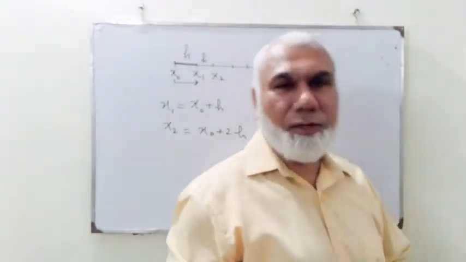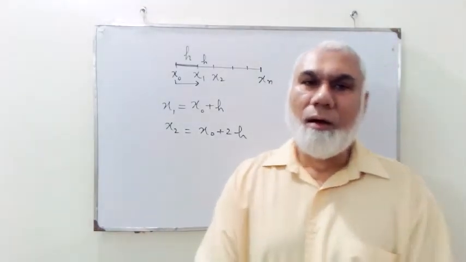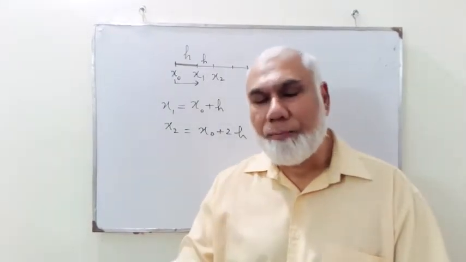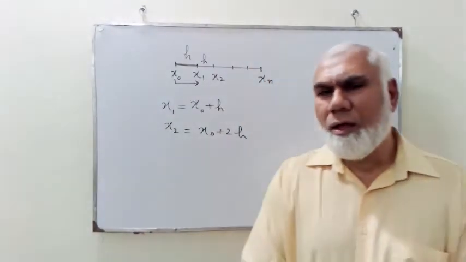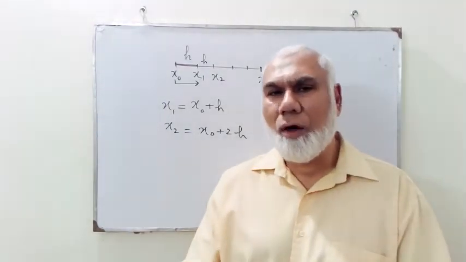This is the general principle of moving from step to step, from interval to interval, in order to approximate the solutions. This is the basic principle to learn about the operators.